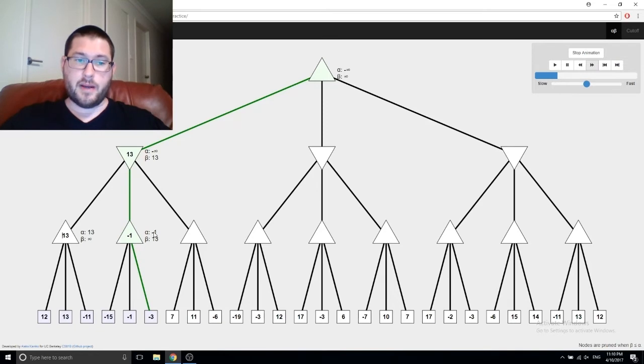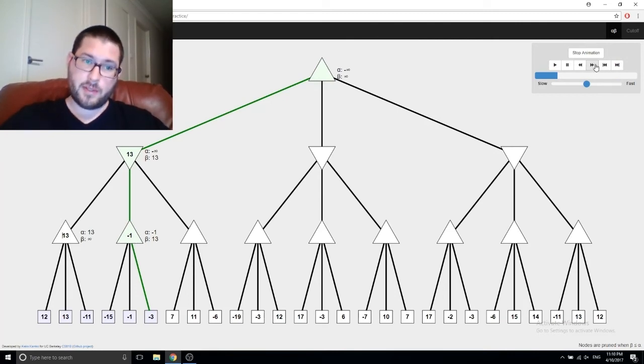Okay, now if we can forget about negative 1 being the alpha value for a second and just consider it the value of this node, we will see that this maximizing node will return a value of negative 1 to its parent. And because its parent is a minimizing node, it's trying to push down the beta value. Okay, the beta value is currently 13, but if it accepts this negative 1, we can push it down even further to negative 1.